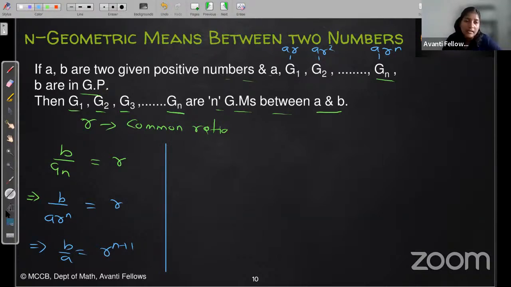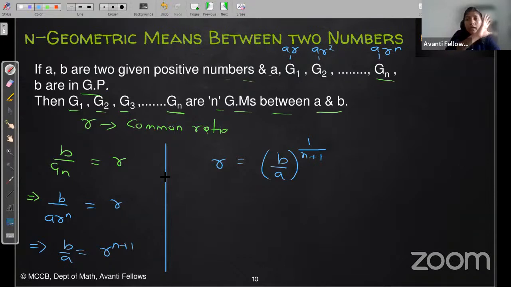Now what will be the R here? If B by A is equal to R raised to n plus 1, what will be the R value? Make use of the law of exponents. So when you shift the power to the other side, what happens to this? It becomes 1 by n plus 1, right? So R will be equal to B divided by A, whole raised to 1 by n plus 1.